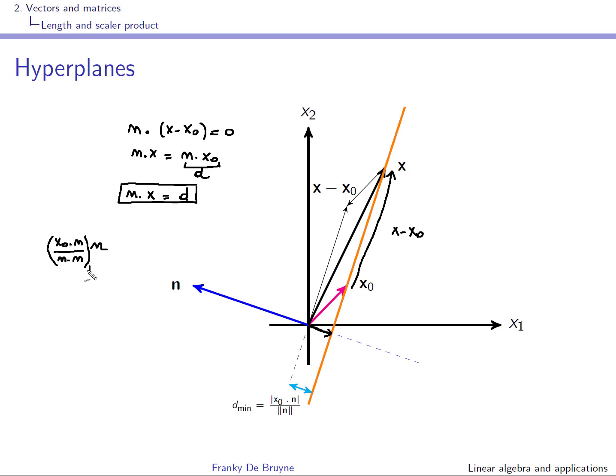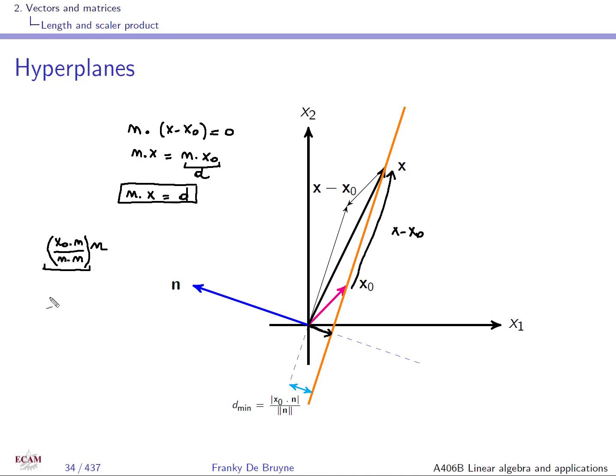Okay, so this is going to produce a scalar here, and in our case this scalar will be negative. Okay, so we're looking for the minimum distance of the hyperplane with respect to the origin, so we have to take the length of this vector.